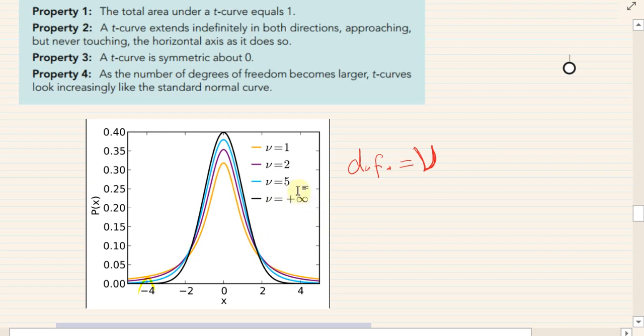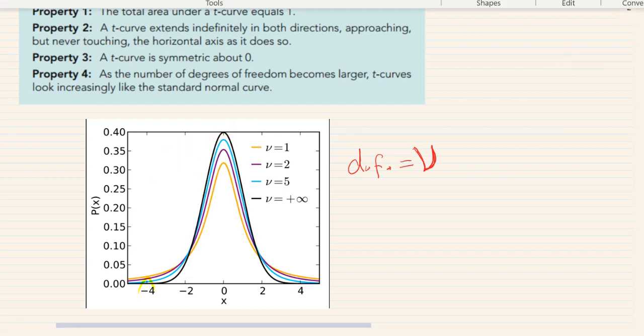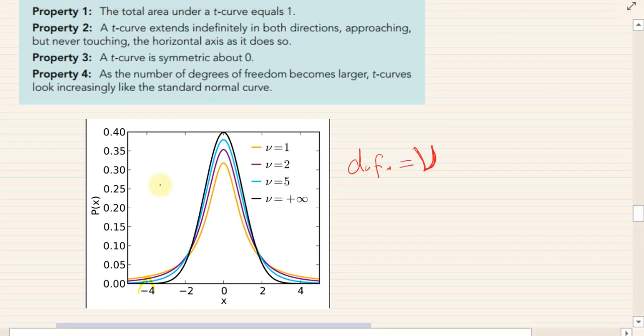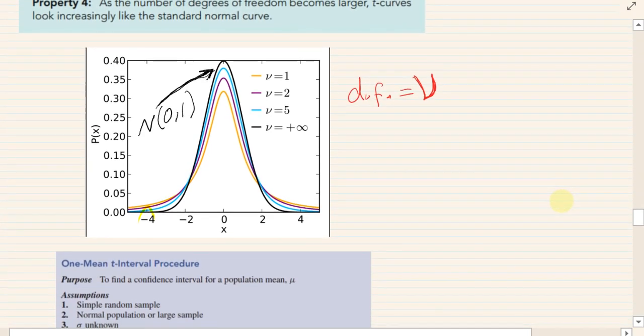Then the outermost curve is the standard normal distribution. Let me show you. This curve on the outside is normal 0, 1. You see that? And this is just the T curve.